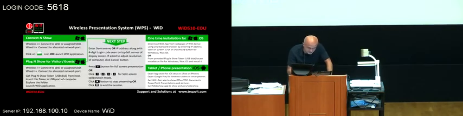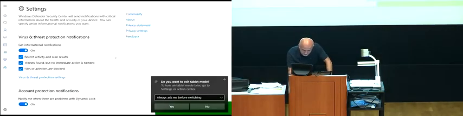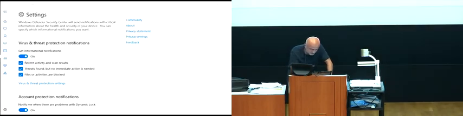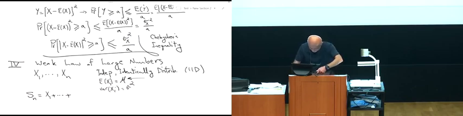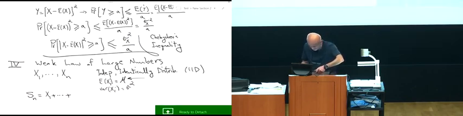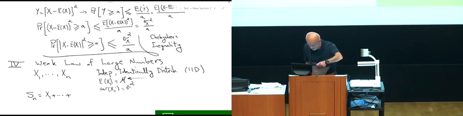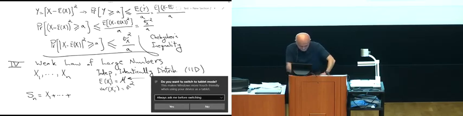Escape. Do you want to exit tablet mode? Yes. Oh, there's an X. What did I just do? Always look for an X. Ready to detach. Yes. Excellent. Okay.